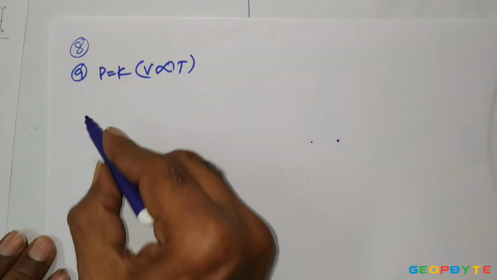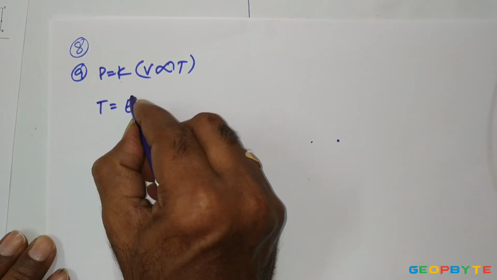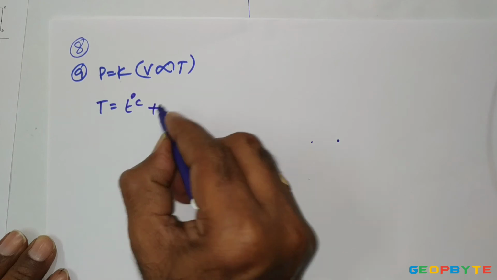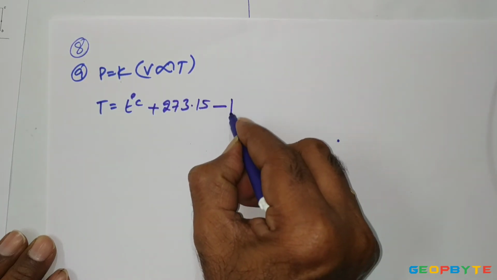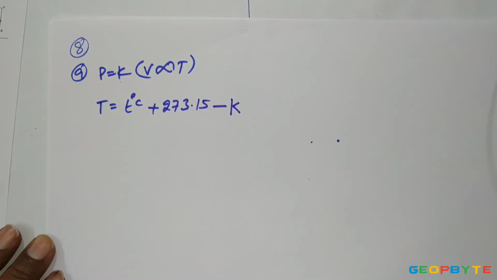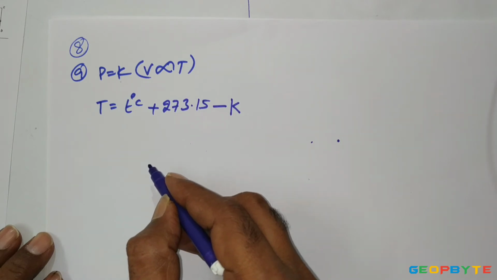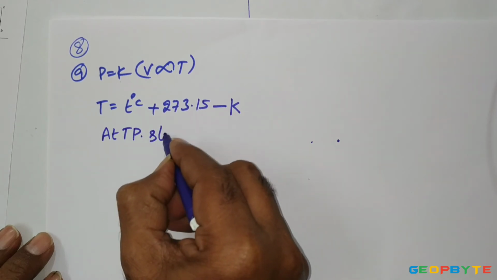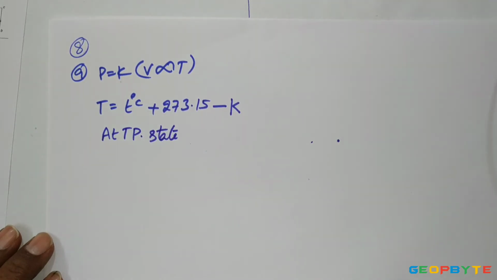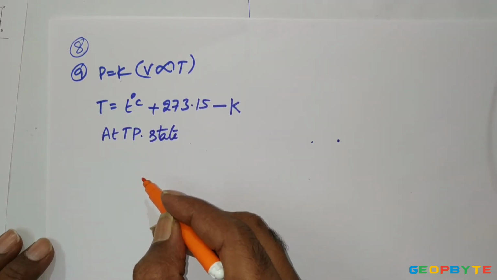Yesterday we discussed clearly the absolute temperature: capital T equals thermometer reading in degree centigrade plus 273.15. The resultant unit is Kelvin in the SI system. If you want to write the absolute temperature at the triple point state, the triple point state means the state at which the three phases of the material coexist under thermodynamic equilibrium.